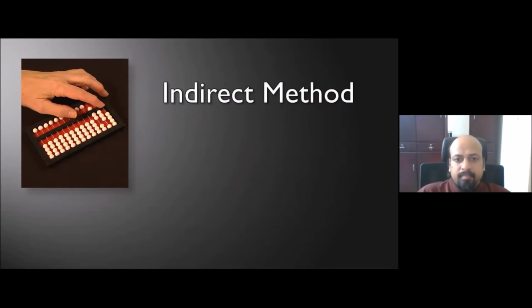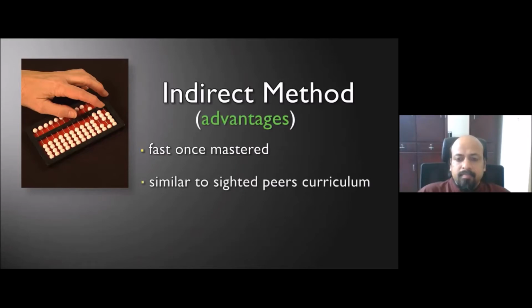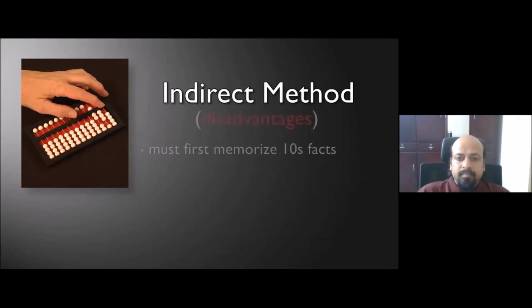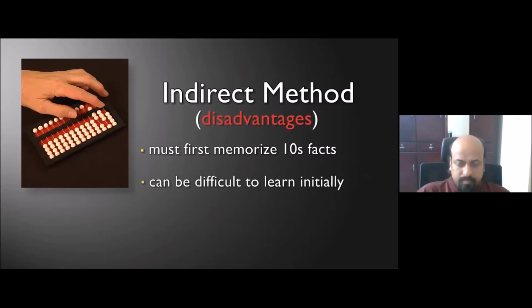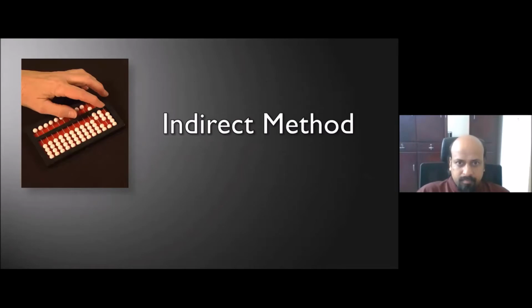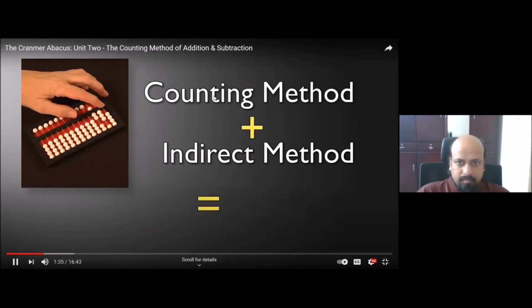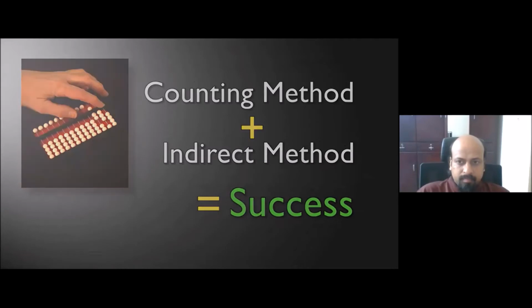The advantages of the indirect method are that it's fast once it's mastered, and it is similar to what sighted peers are using, and you can use the same terminology, and it helps understanding the abstract theory of addition and subtraction. But the disadvantages are that you have to memorize your tens facts for addition and subtraction first before you can use it. That can be confusing at first, and it takes a while to learn. A combination of the counting and indirect methods is the best approach. There is a natural progression from counting to indirect as the student develops the understanding of addition and subtraction.